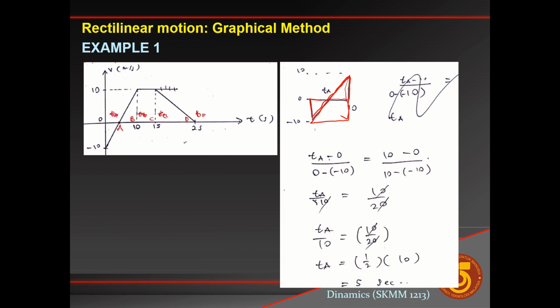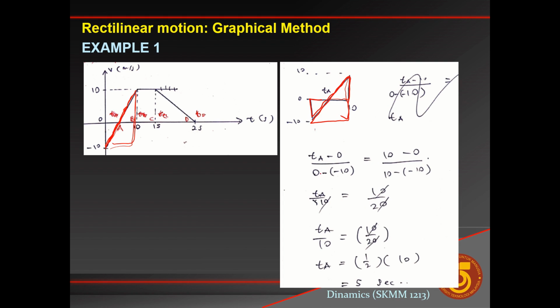So I'm using ta minus 0 divided by 0 minus 10. What I'm trying to do is take this slope, because it is the same from here and to the overall components.